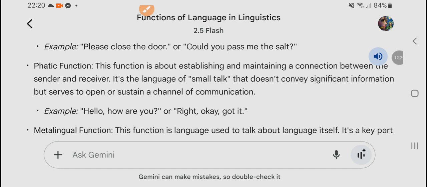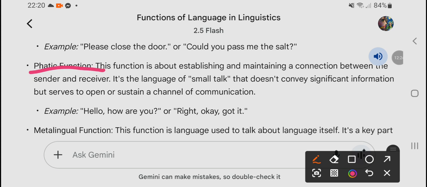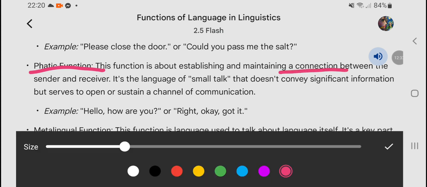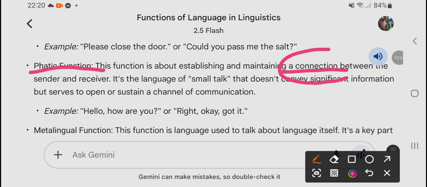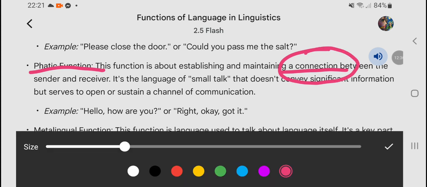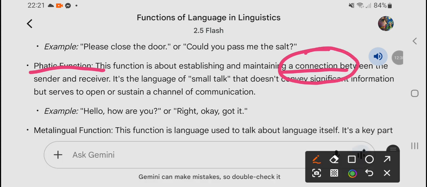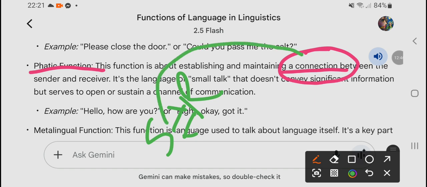So when we use such language, we want to establish connection, a very important term here, between senders and receivers. That bonding, when we establish connection or bonding, then we use phatic language.